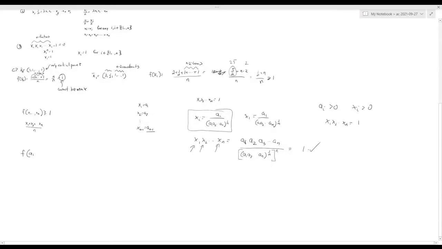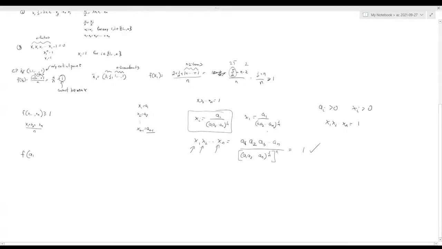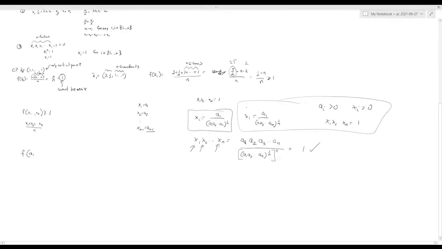I needed a point that satisfies the constraining equation. So now we can come back over here.